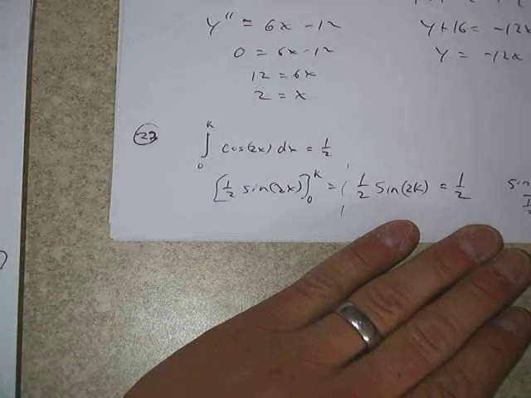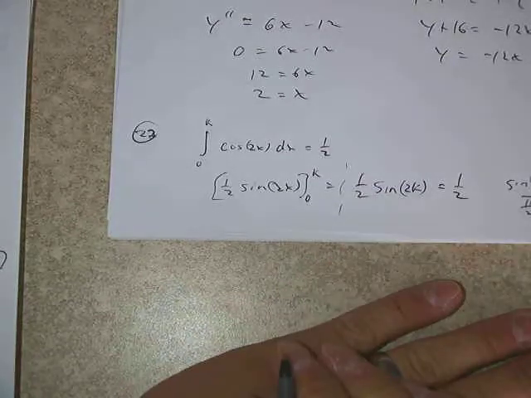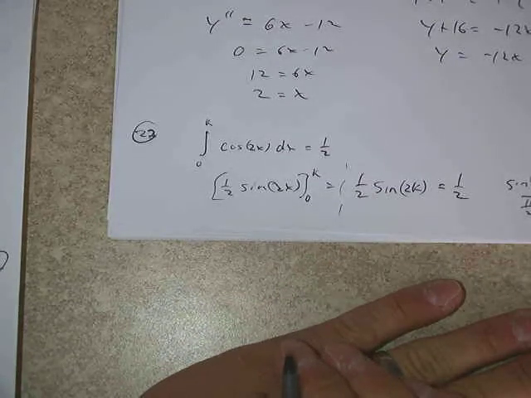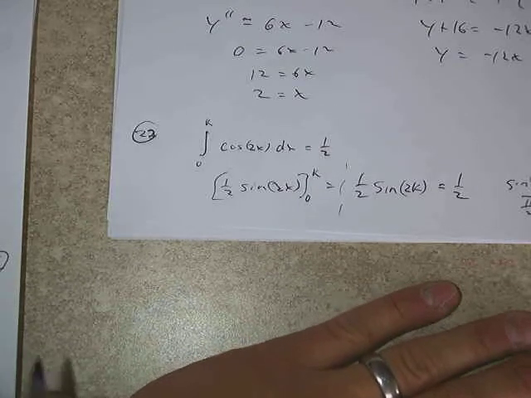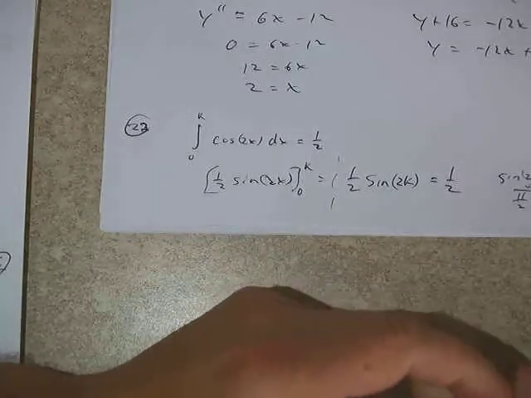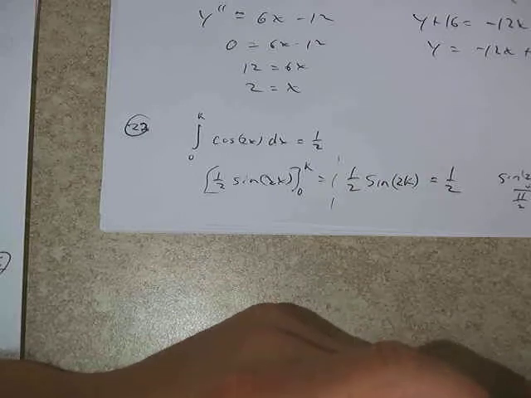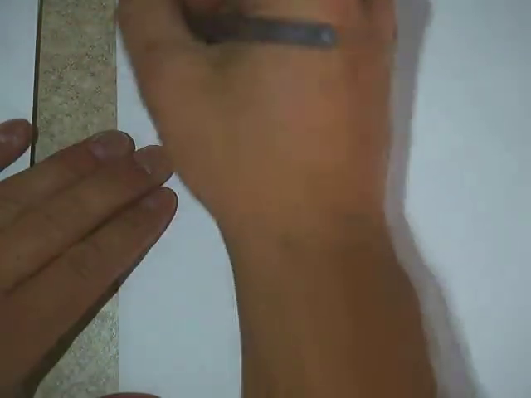So the question is what's going to give me 1 for sine? Is it going to be pi over 2? Ultimately the argument needs to be pi over 2, so that means that k would need to be pi over 4 to make that happen. Okay. And that corresponds with B.